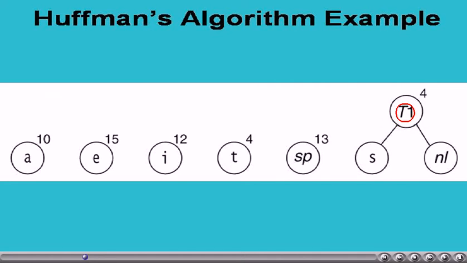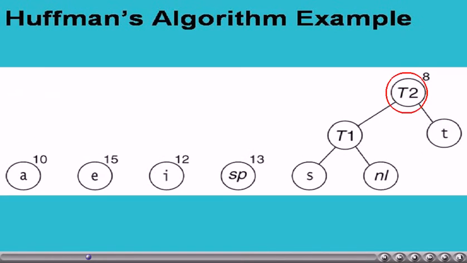The symbols S and NL are added, forming a new internal node. We call it T1. Its frequency is 4. Now, the new internal node T1 and symbol T are added, getting new internal node T2 with the frequency 8.